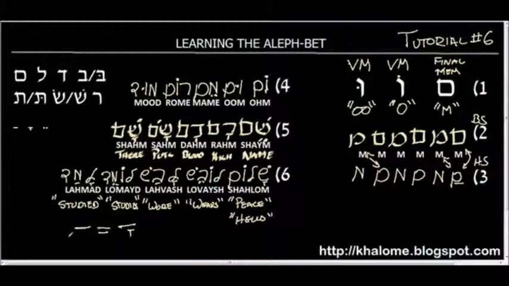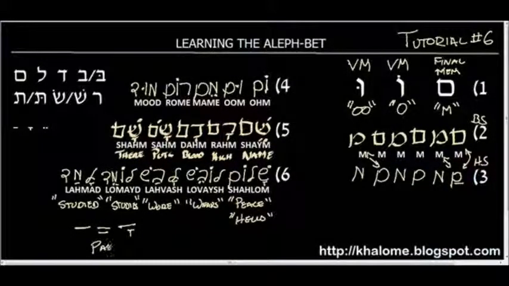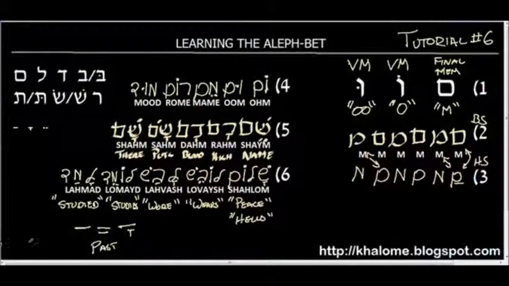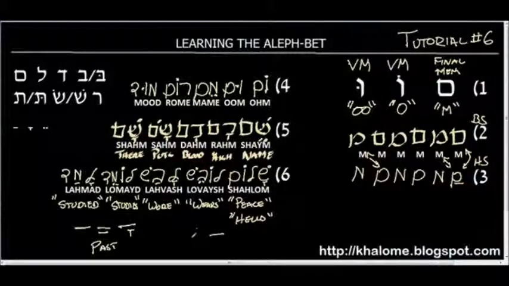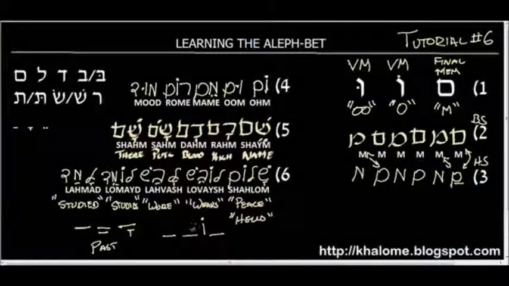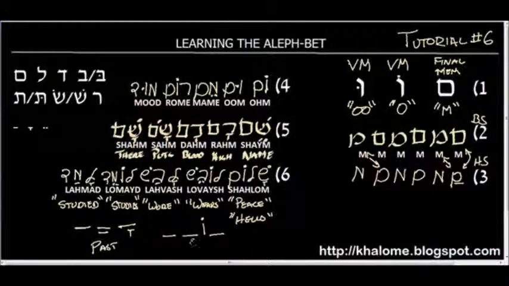Let me just say that would be your past tense. And then for the present tense, it's just a matter of these three letters, and then instead we're going to either have Cholam Vav in the middle between the first and the second letter, and then a hard A vowel mark or the Tsere down below.